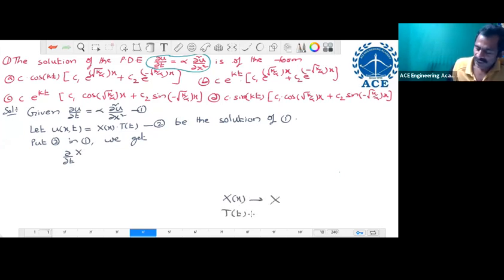Instead of writing T of t, I am writing the capital T, that's all. X into T equal to alpha into dou square by dou x square of X into T like this. Next, we divide this by the product X into T. But before that, we write the derivatives of this.